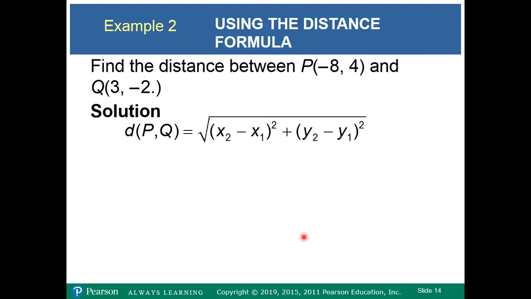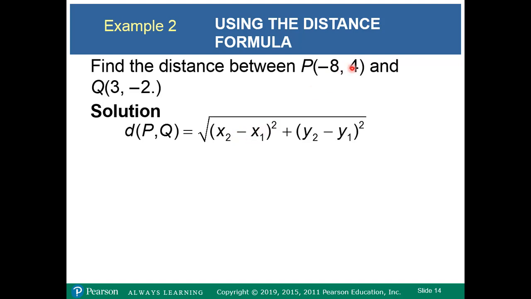So if we want to find the distance between those 2 points, let's call this x1, y1, and call this x2, y2. Now all we're going to do is plug in. So we're going to plug in 3 minus negative 8 squared.